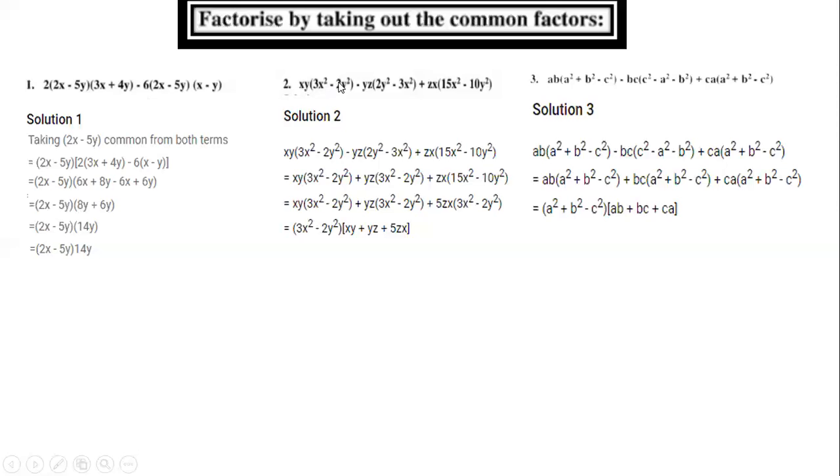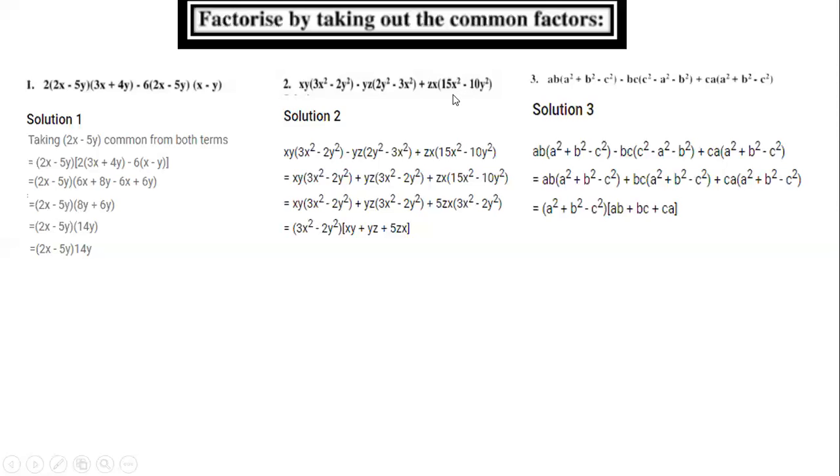Now come to the second question. xy into 3x square minus 2y square, minus yz into 2y square minus 3x square, plus zx into 15x square minus 10y square. See, there are 3 terms. In the first term, 3x square minus 2y square is there. In the second term, the terms are the same, 2y square and 3x square, but 3x square has a negative sign and 2y square has positive.